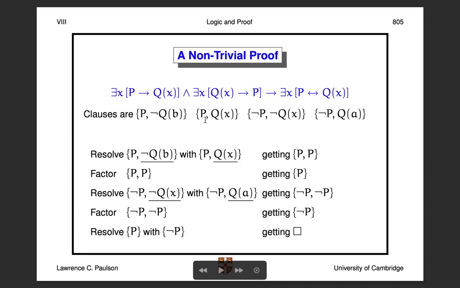So we have both of them coming from here now. Either P or Q(x) is one possibility. Not P or not Q(x) is the other possibility. So what do we do with these? And once again, we have many, many ways of combining these.